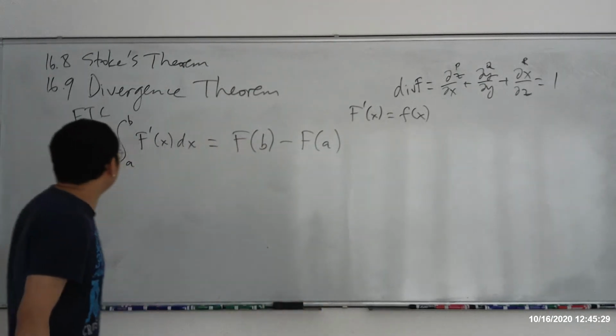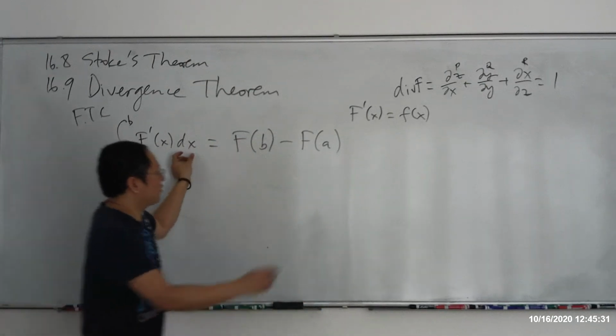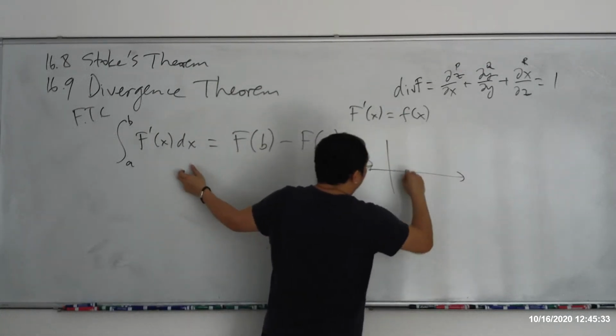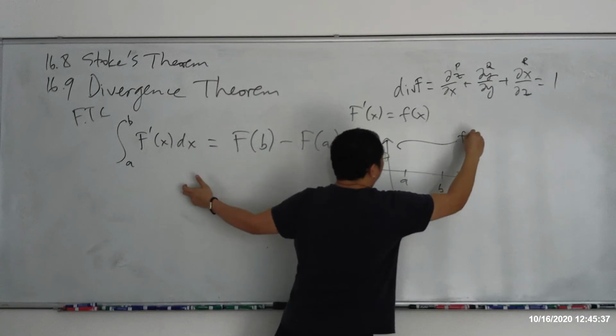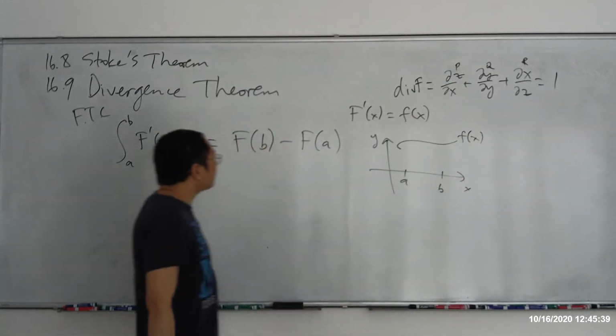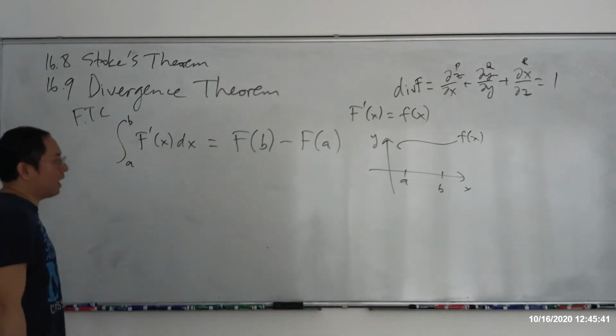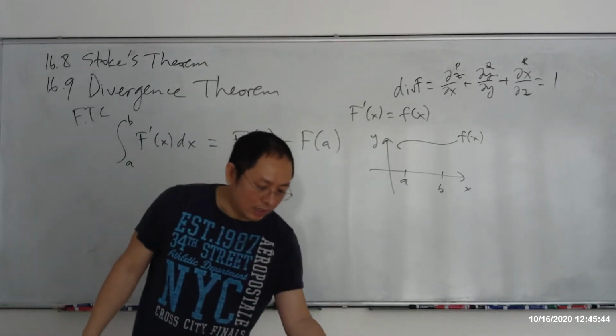And this is a very special case of a line integral. The line is a straight line running from a to b on the x-axis, and this is the y-axis, and this is your function f right here. And now we make it more general. We have the fundamental theorem of the line integral.